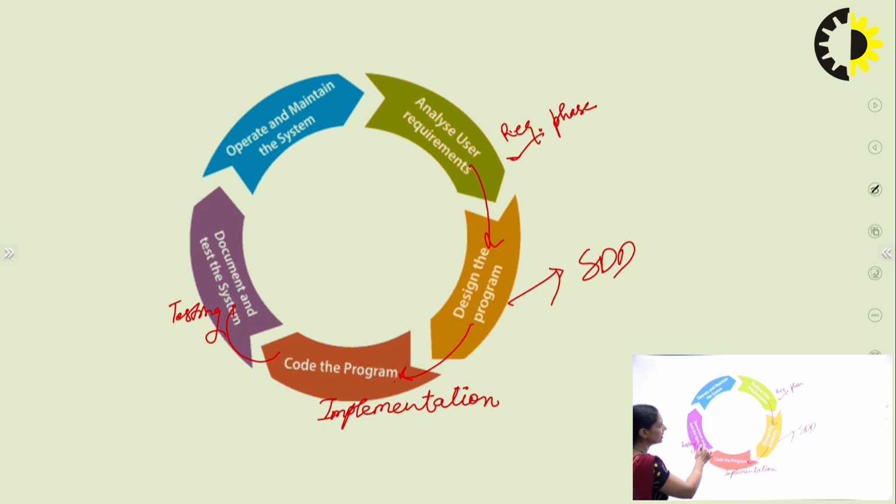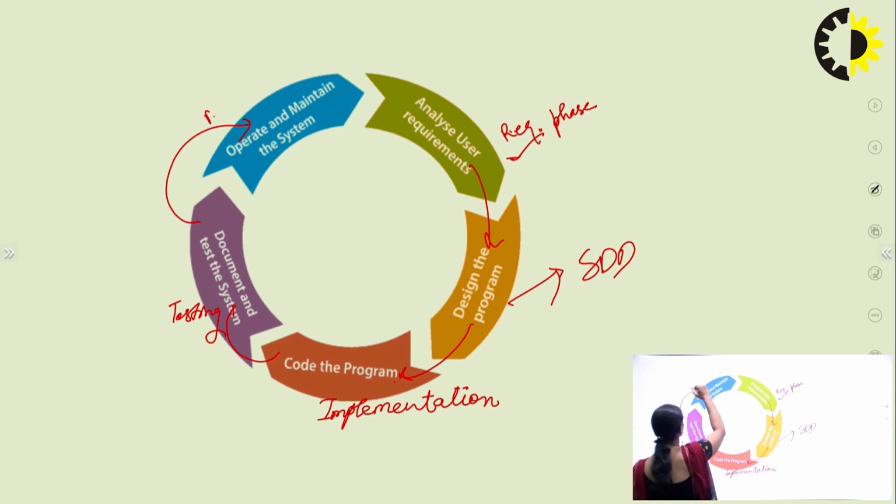Documentation is done for the user to understand how the software works, and the system is tested, whether there are bugs or it is bug free. Once everything is done, it is deployed and then it moves into the maintenance phase.